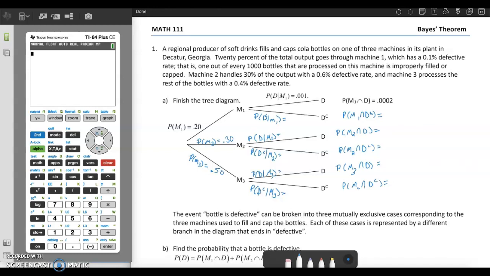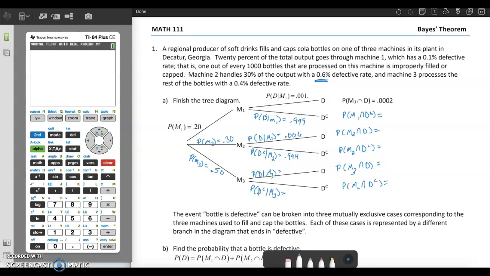So we're going to use complements to figure out the rest of these. So let's see, if 0.001 are defective, then 0.999 are not defective coming through there. Now, the probability of being defective knowing that it came from machine 2, well, machine 2 had a 0.6% defective rate, so that would be 0.006, leaving 0.994 for not being defective given that it came from machine 2.